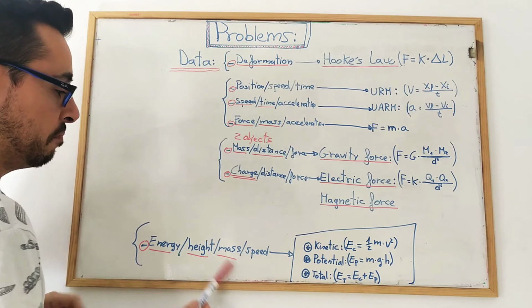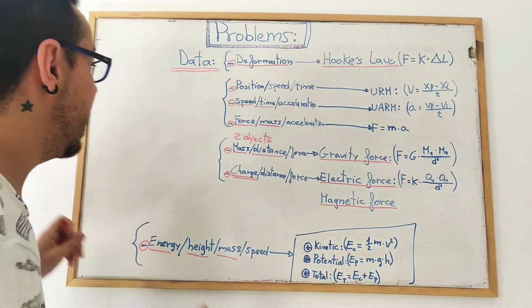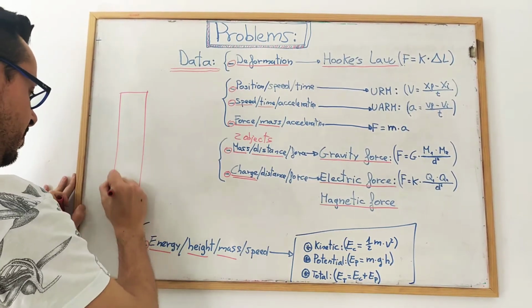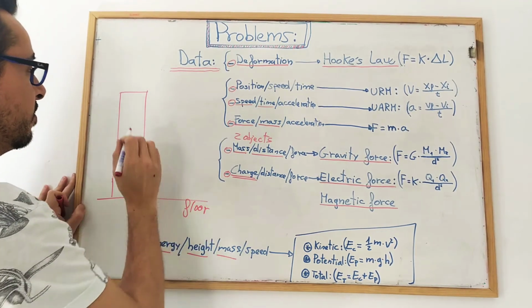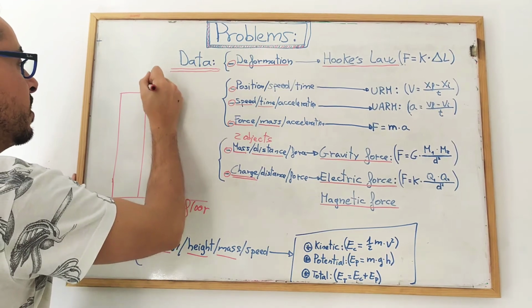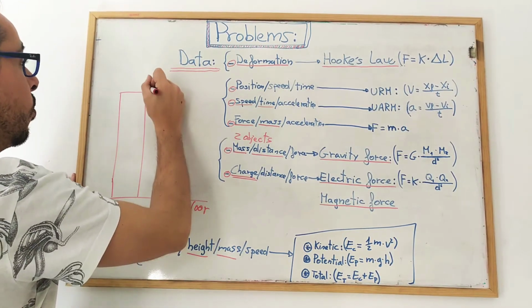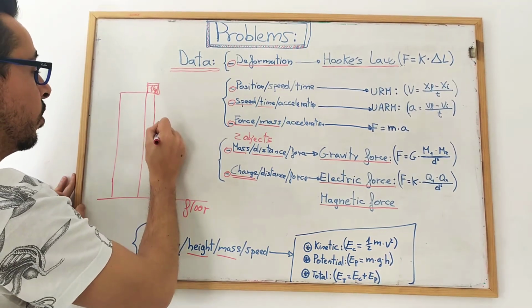In most cases these problems are going to be about this: this is the floor, this is a building, and this is an object with a mass of 1 kilogram that is going to fall down.